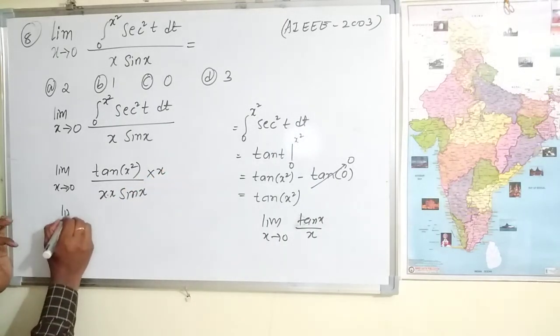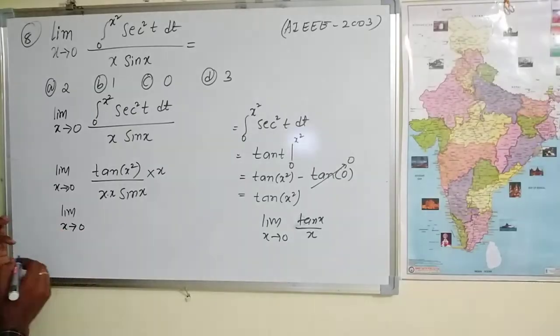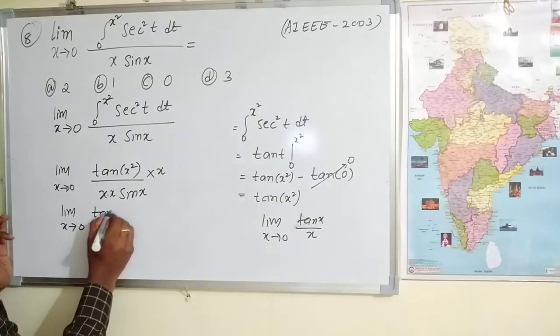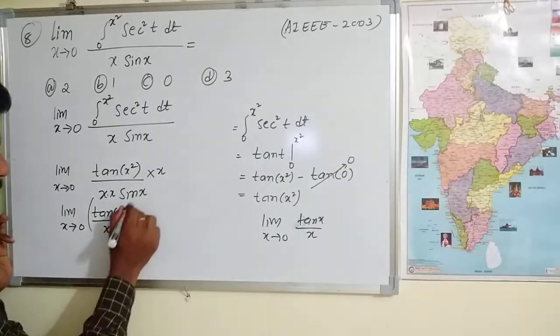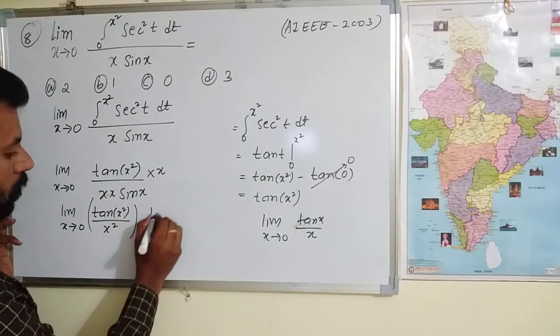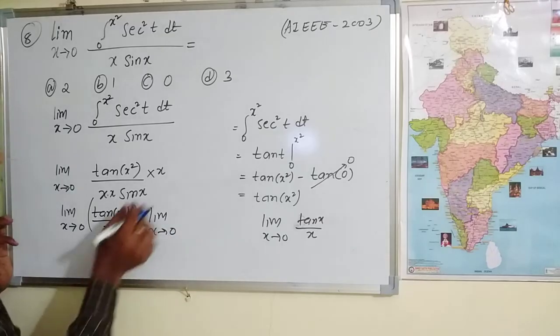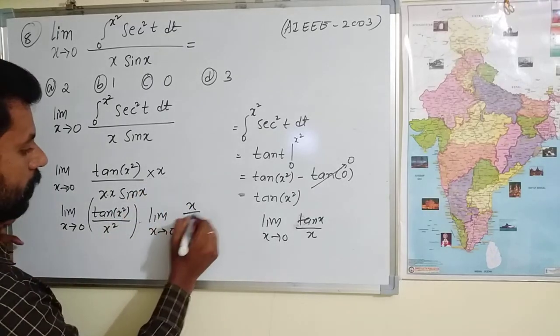Now this result can be written as limit x tends to 0, tan of x square divided by x square, split the limit, into limit x tends to 0, the second term x divided by sin x.